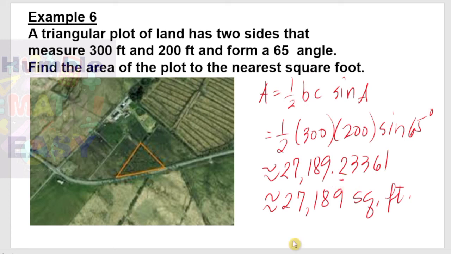The value of the decimal near the whole number is 2, so we could not add 1 to the 9. So the answer that we have is approximately equal to 27,189 square feet.